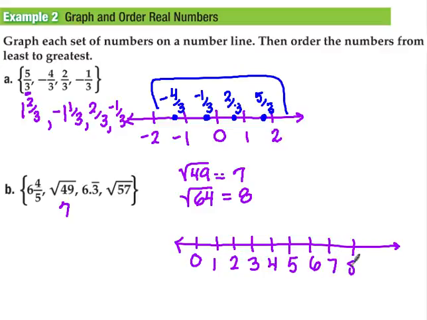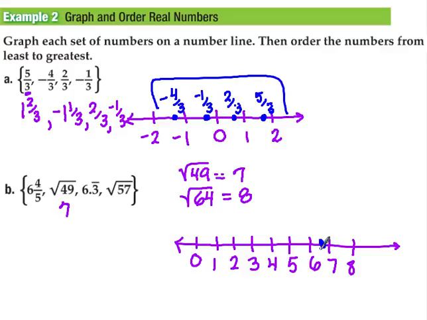All right, time for you to get up and move. Somebody needs to come up and mark where the 6 4/5 is. And if somebody doesn't come up on their own, I'm going to pick on you. So 6 4/5. Somebody needs to just come up and plot where 6 4/5 is. Okay.